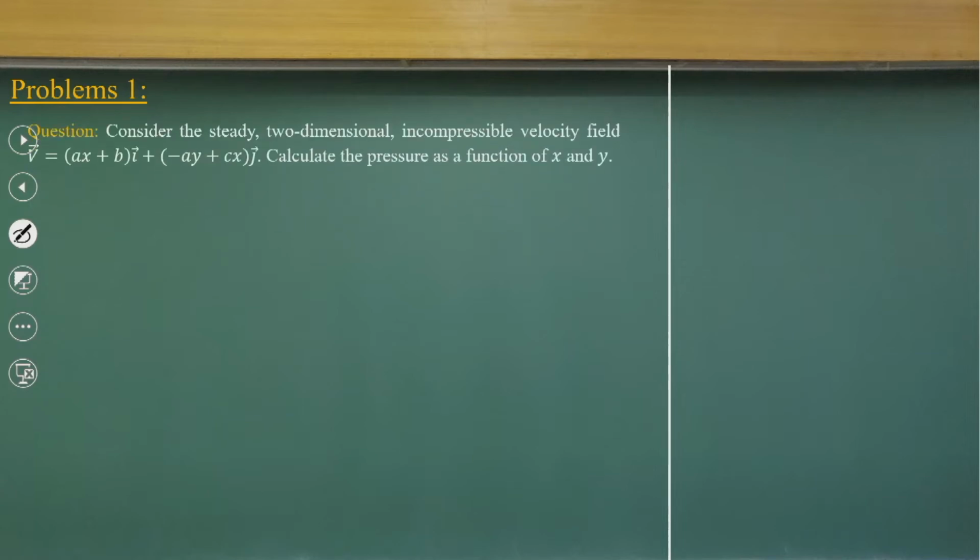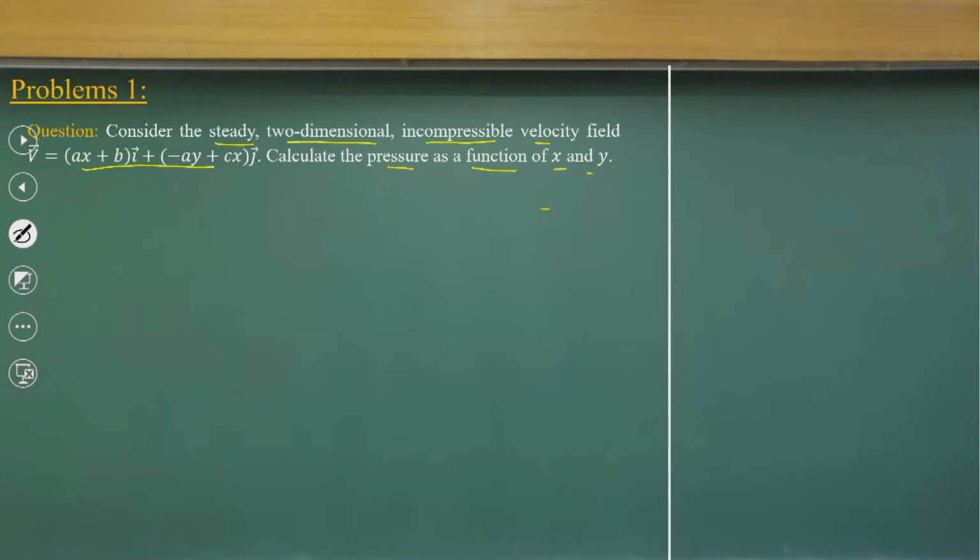The problem is that a steady, again I am emphasizing, two dimensional incompressible velocity field is given to us. We have to compute the pressure as a function of x and y.